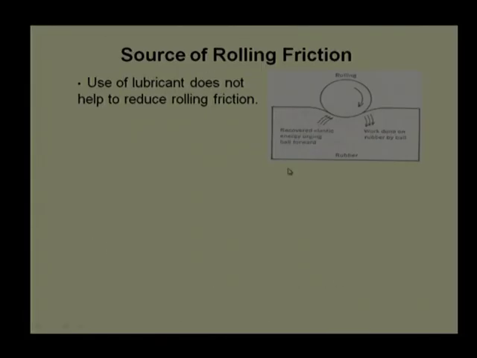To demonstrate that, there is a diagram which shows a roller rolling in a clockwise direction. When it starts rolling, what happens to the material is that it goes under some pressure, and if this is a rubber material, then there will be excessive deformation of the surface.